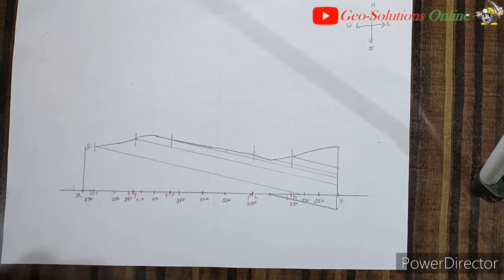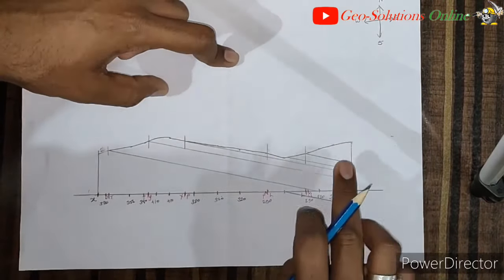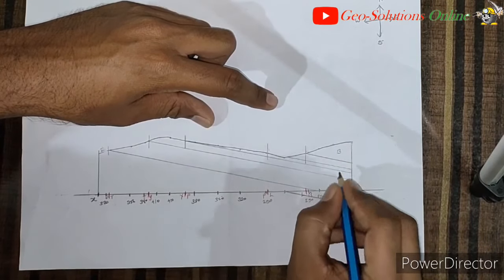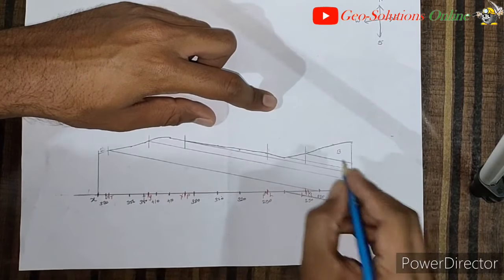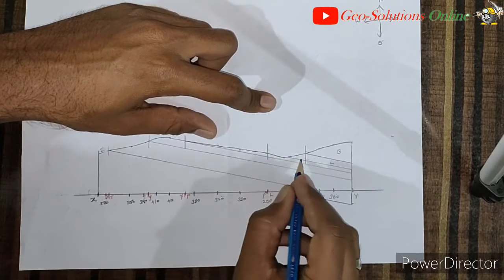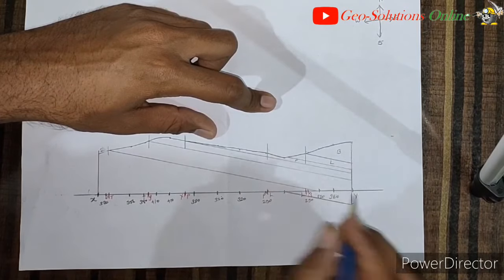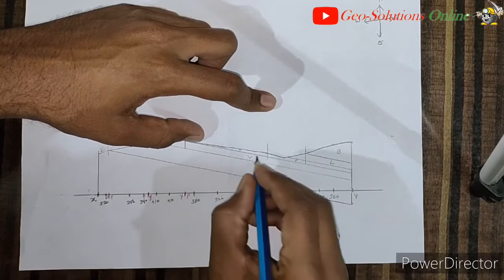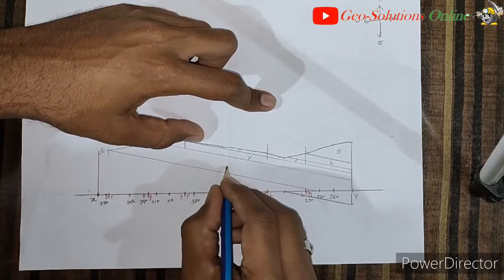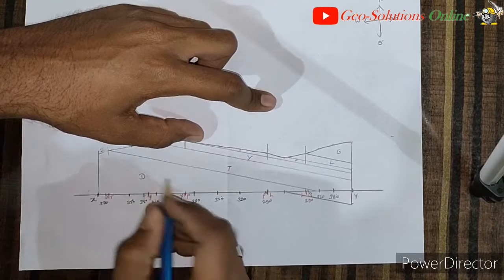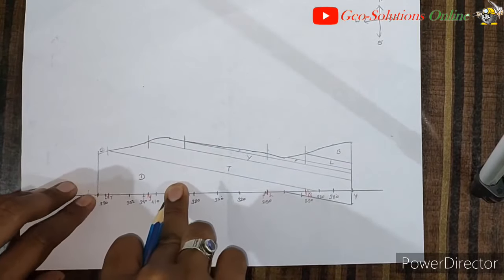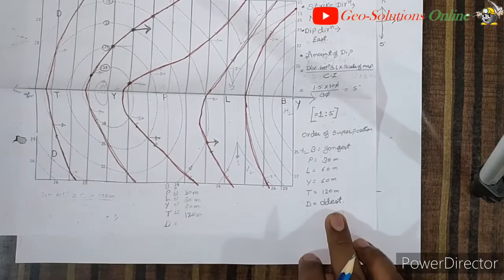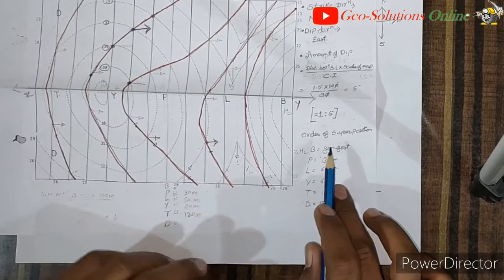Just minor things are remaining, we will complete it. So this is our bed B, this is our bed L, this is our bed P, and this is our bed Y, and this is our bed T, and this is our bed D. D is the oldest bed, as we had already studied the order of superposition.